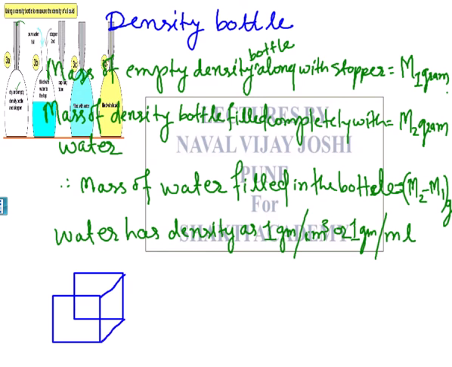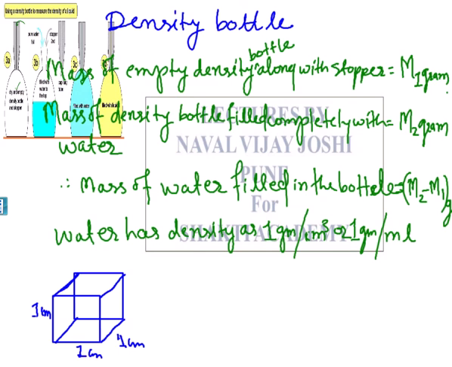We would call this 1 centimeter by 1 centimeter by 1 centimeter. This is 1 cm, this is also 1 cm, and this is also 1 cm.